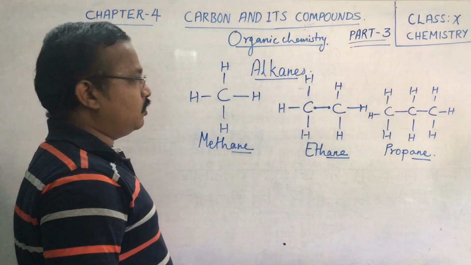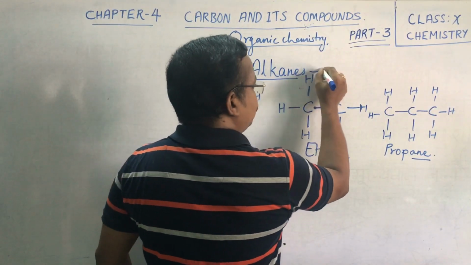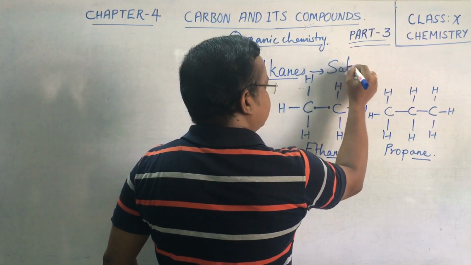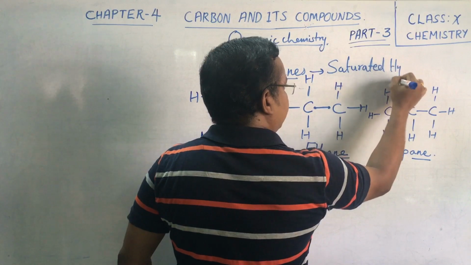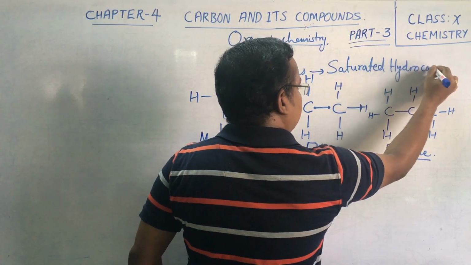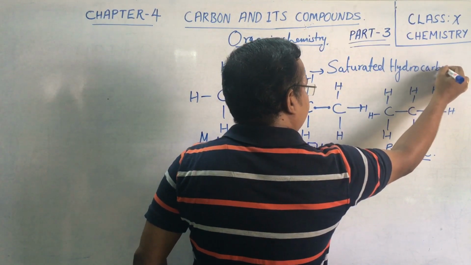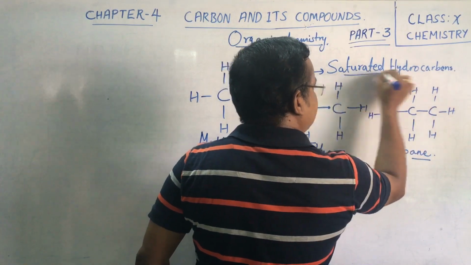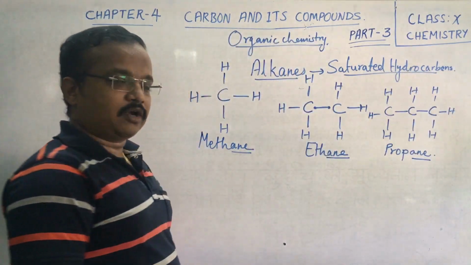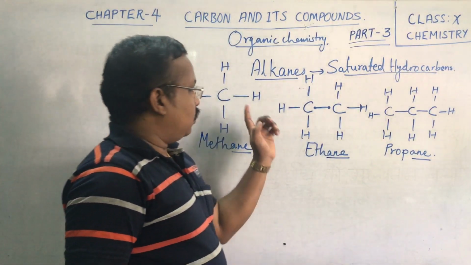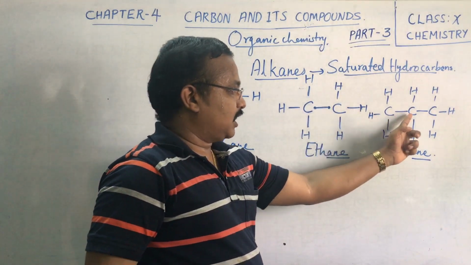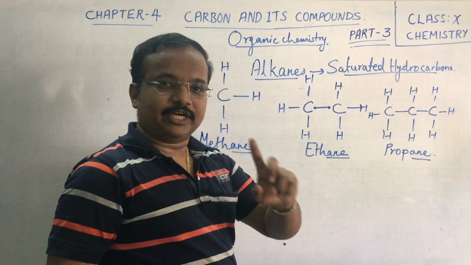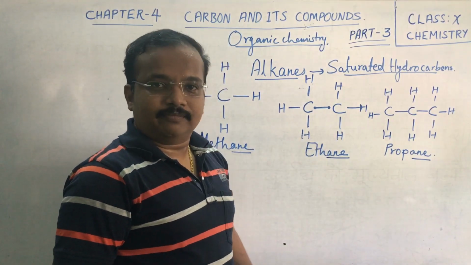Alkanes are also called saturated hydrocarbons. Why are they called saturated hydrocarbons? Because there is only a single bond between carbon and carbon. Carbon is shared with a single bond only.